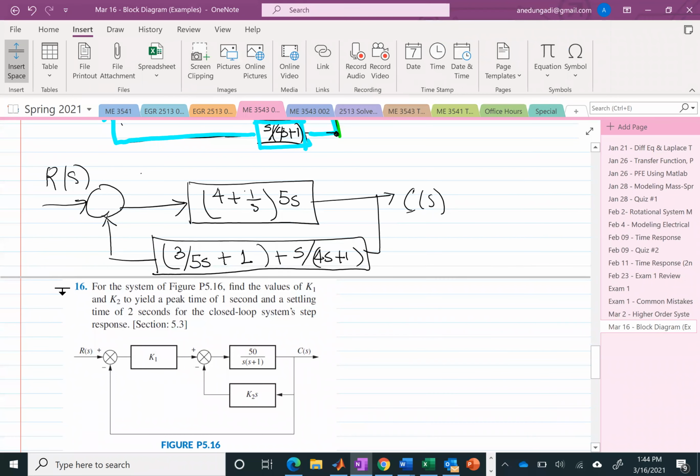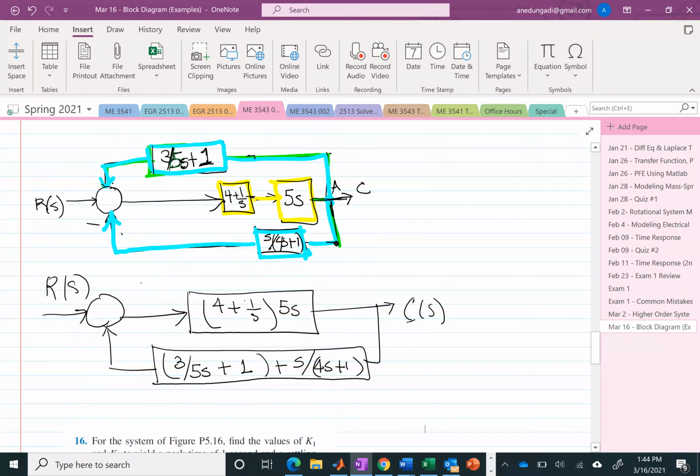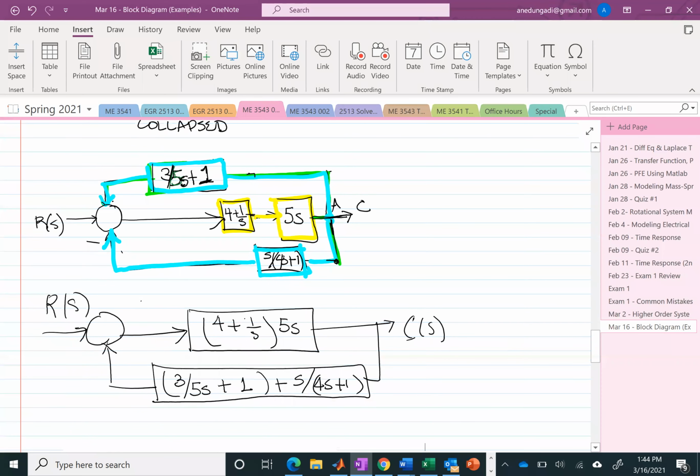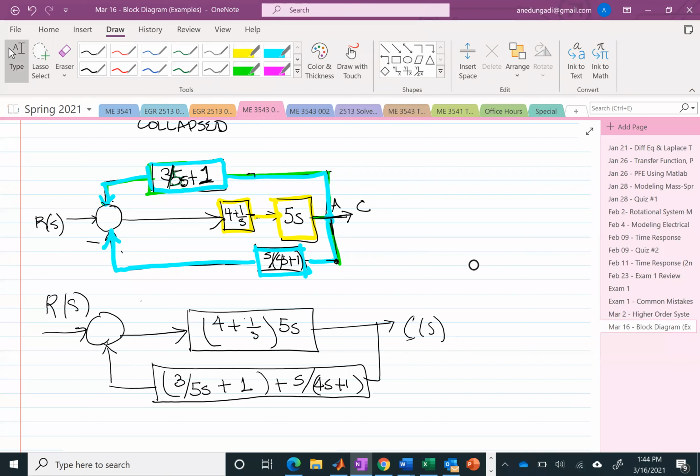Let me just add a little more space here. Okay, Tony, what is your question? What if the outputs of the feedbacks were opposite, one plus and one minus? If that were the case, let's draw this here. Tony, you're saying if this is a minus and this were a plus, correct?